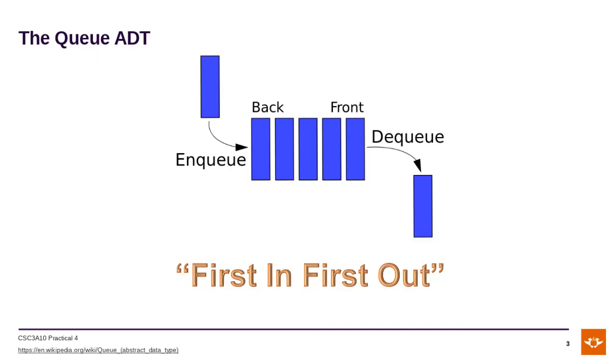So this is what we're trying to create, a queue. You recall the queue ADT follows the first in, first out rule. So we enqueue from the back and we dequeue from the front. We have three simple methods: enqueue, dequeue, and front, which returns a reference to the front without dequeuing it. We also have some helper methods like size and is empty, and those are what you'll have to implement.